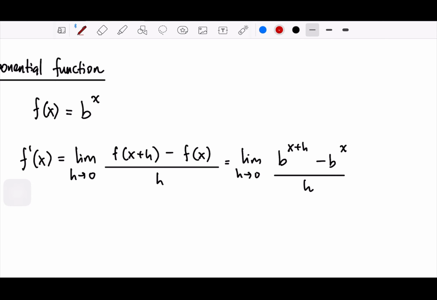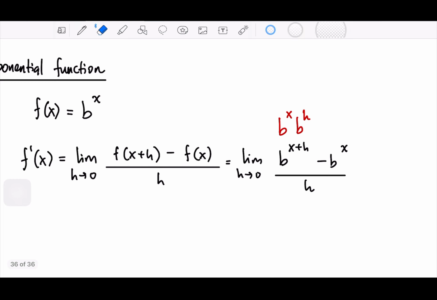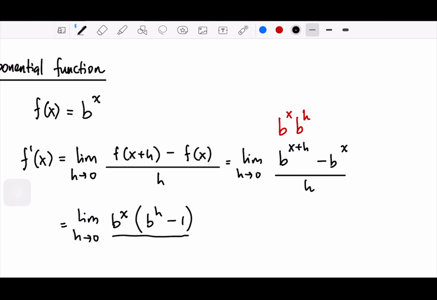Remember that b to the power of x plus h we can write as b to the power of x times b to the power of h, right? So we can factorize b to the power of x, and then write b to the power of h minus 1 divided by h.